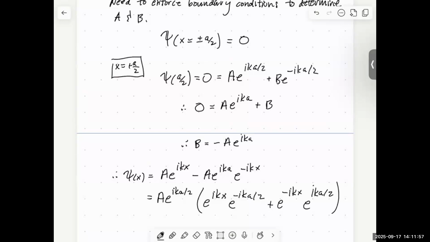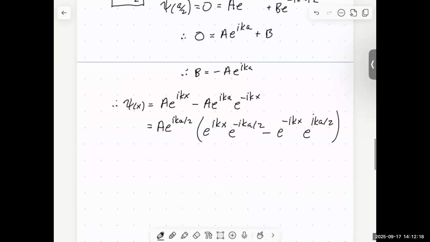Now, that looks a little, sorry, I have a mistake. I lost a negative sign. Indeed, I did. So let's fix that. All right, good. What I'm going to do now is combine these exponentials. So we have A e to the ika by 2.